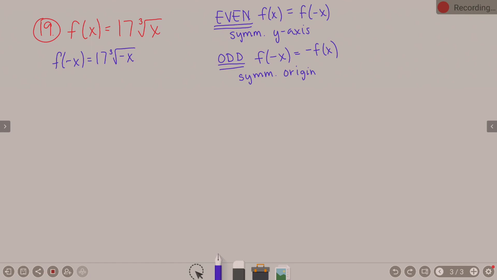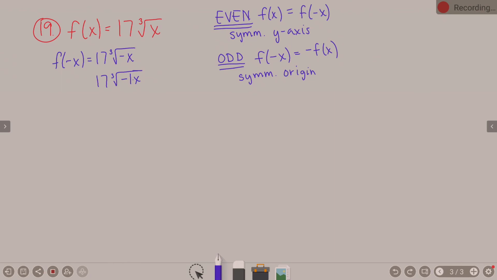This cube root of negative x, what is that number in front of the x? What is the coefficient of the x there? It is a 1, or specifically a negative 1, yes? So if I rewrite that as 17 times the cube root of negative 1x, we can't take the cube root of x, can we?